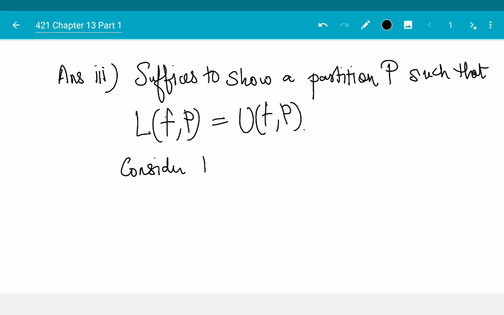Consider the partition. Okay, so this does not work, my bad.